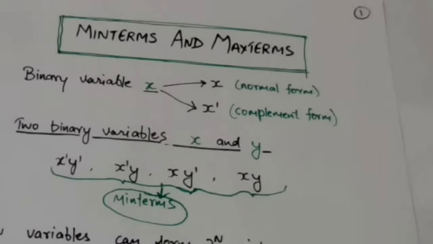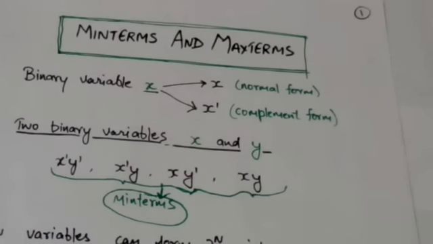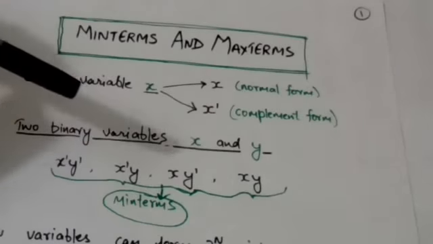If we have two binary variables x and y, then they can be combined by AND operator to form four different AND terms. These are the AND terms formed by the binary variables x and y.